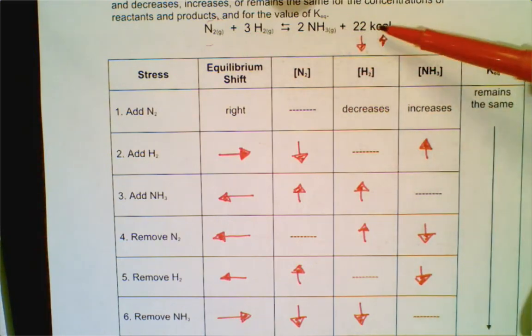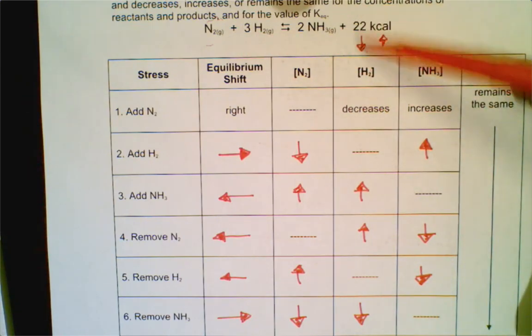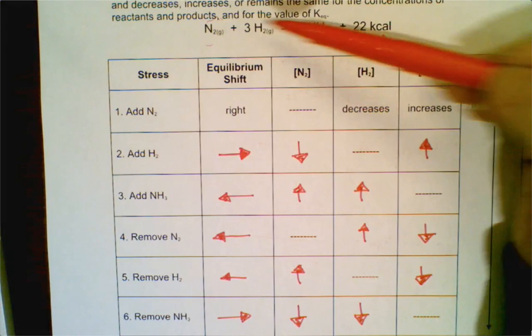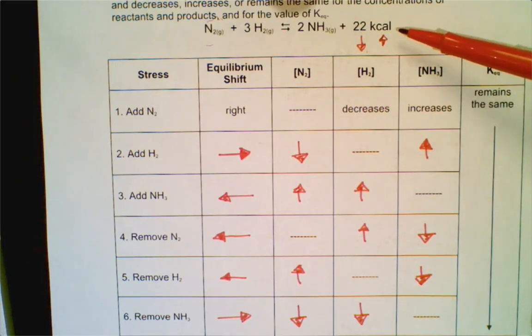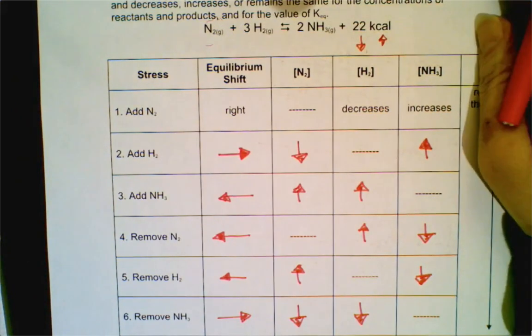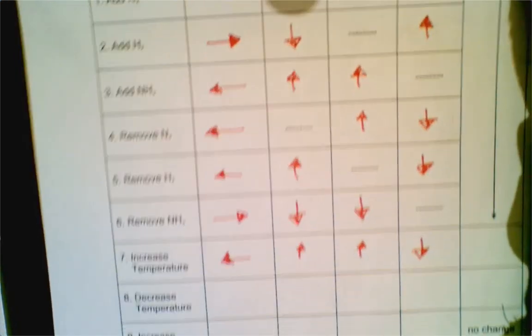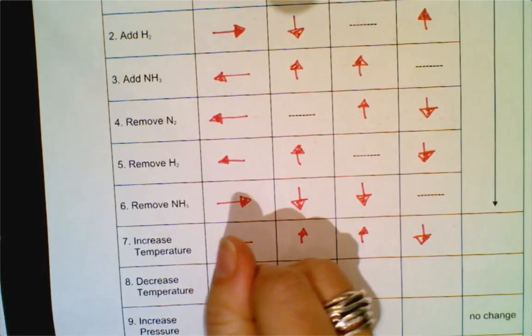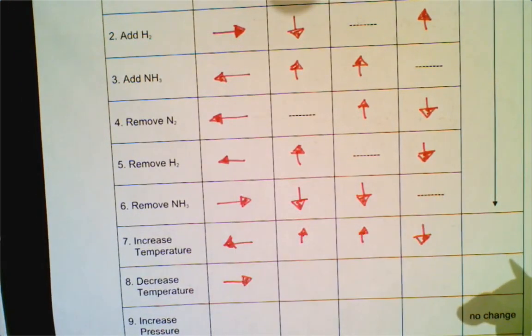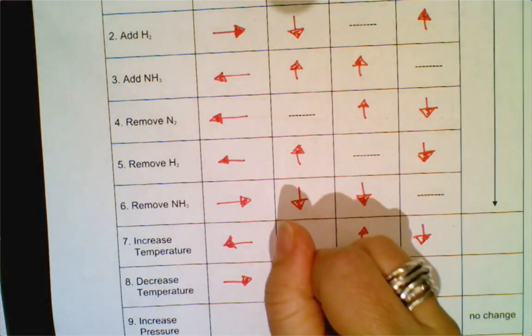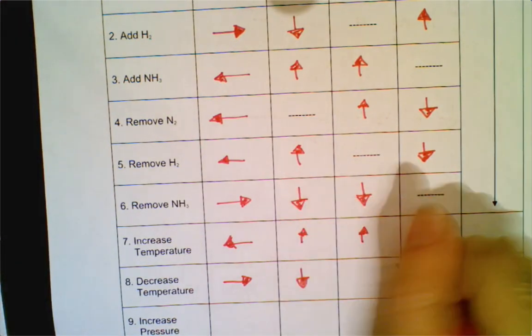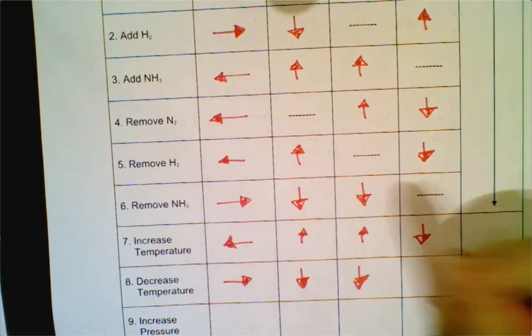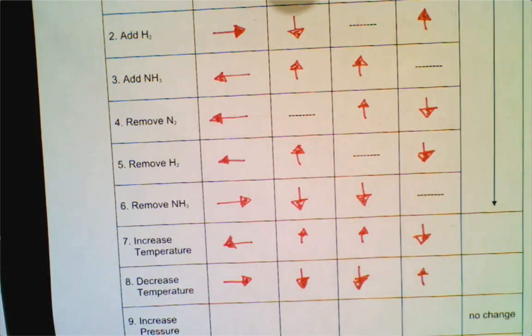The only way to release more heat, to get more energy, is to shift towards the exothermic process. So we would be shifting towards the right if we decrease the temperature in this case. And when we shift towards the right, the concentration of N2 goes down, the concentration of H2 goes down, and the concentration of NH3 goes up.